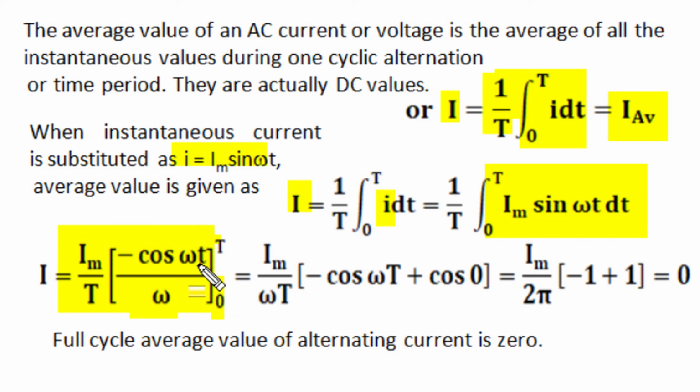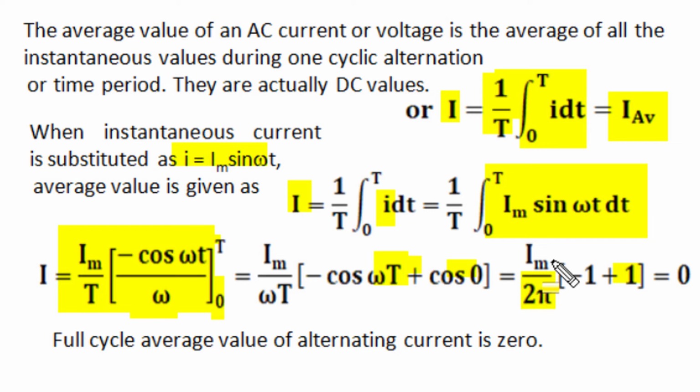In place of this varying time, we first put the end limit of time, that is the end of the cycle, time period capital T, and the second time, with the change of sign, this minus becomes plus, and in place of t we put the initial value, 0 time, so it becomes cos 0. The value of cos 0 is plus 1, and omega T is equivalent to 2 pi, and cos 2 pi, or cos 360, is 0.